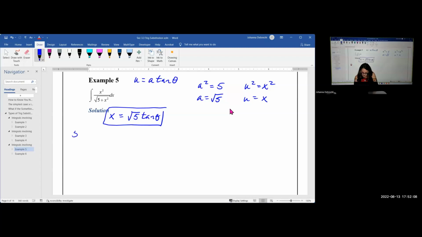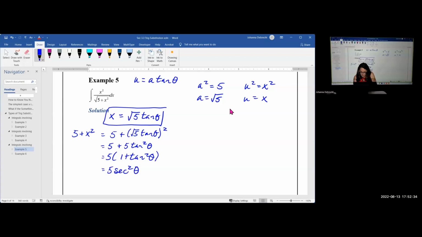So first things first, I'm going to go ahead and rebuild what was underneath of the radical. So I'm going to rebuild this 5 plus x squared. Well, this becomes 5 plus the square root of 5 times tangent of theta, quantity squared, which is 5 plus 5 tangent squared. 5 becomes a common factor, which you take out, and that leaves you with 1 plus tangent squared of theta, which gets replaced with secant squared of theta.